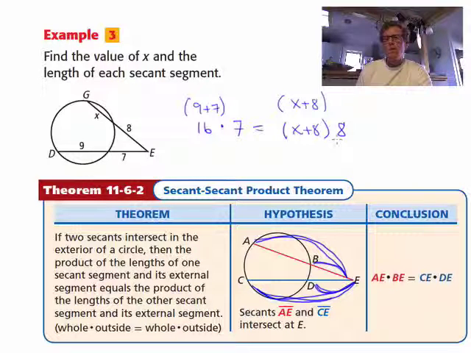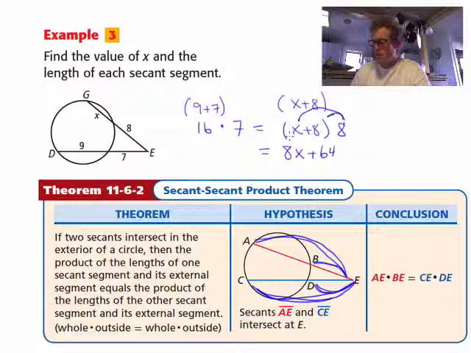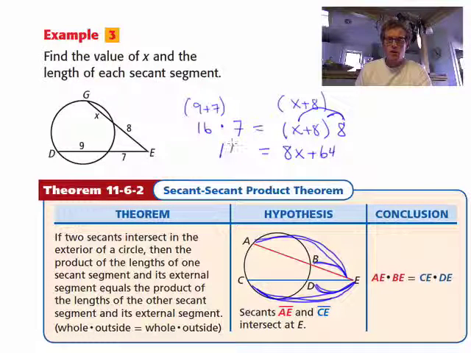Okay, we have to do a little bit of distributive property here, so I'm going to get 8x plus 64 because I multiply 8 times 8 and 8 times x equals 16 times 7. Well, 16 times 7 is 112 equals 8x plus 64.